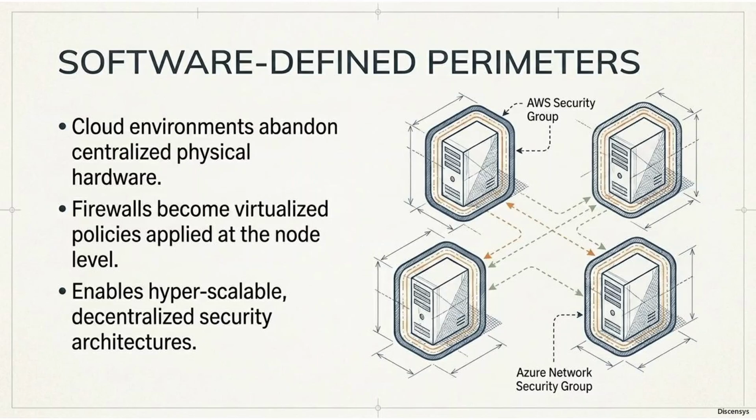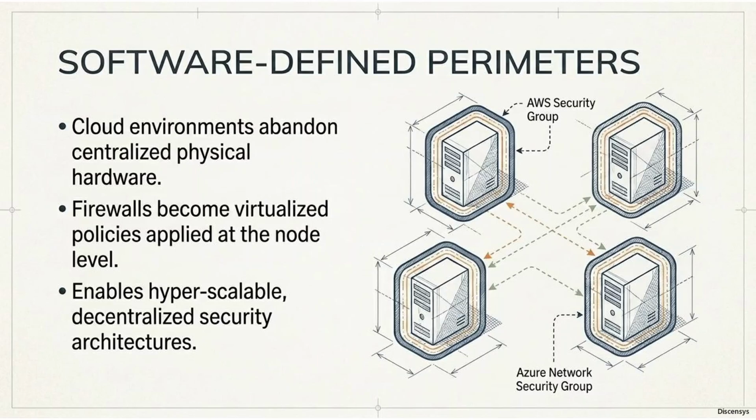So, getting into it, cloud environments abandon centralized physical hardware, right? Firewalls become virtualized policies applied at the node level, that is the entry level. This enables hyperscalable decentralized security architectures. You could see the AWS security group and Azure network security group figured out here.